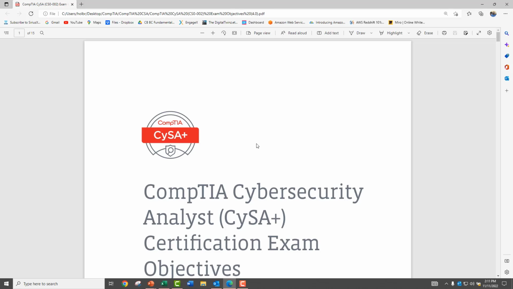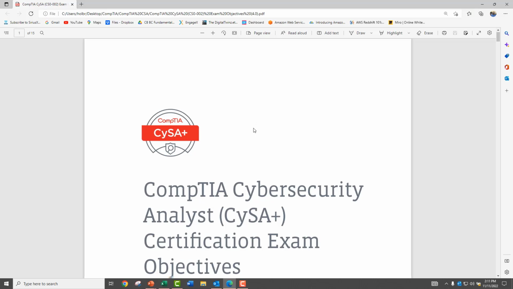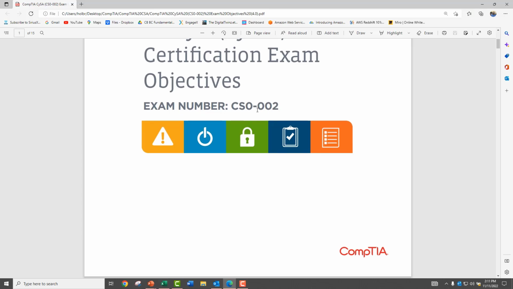As far as the exam objectives, you could download the PDF from the CompTIA site, or you could click on the link directly in the resource list to get it as well. That should be part of this course. The exam number is listed here, 002, and there are also objectives for 003.